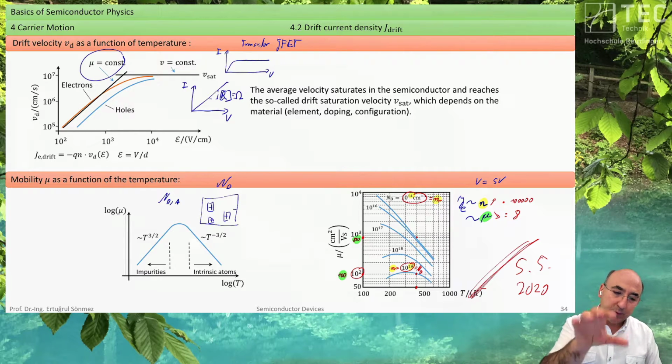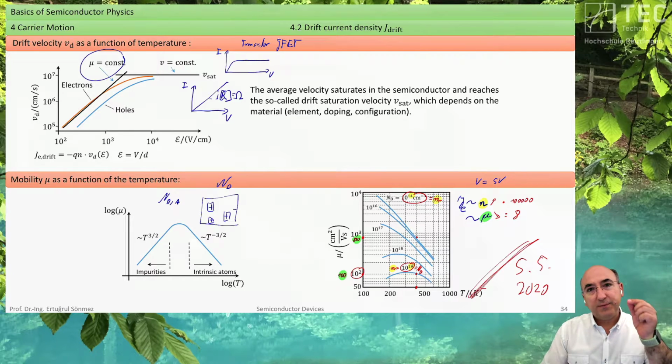We dope, we put phosphorus into the crystal. The phosphorus has one electron more than required for the 4 covalent bonds in the diamond crystal lattice. And this 5th electron is quite below the conduction band edge, so you need a limited amount of energy in terms of temperature to release the 5th electron, or vice versa.